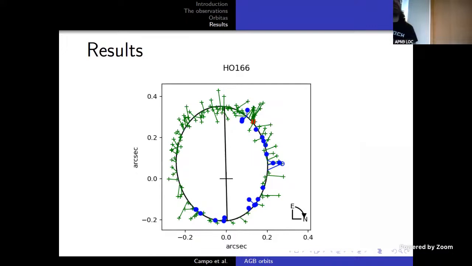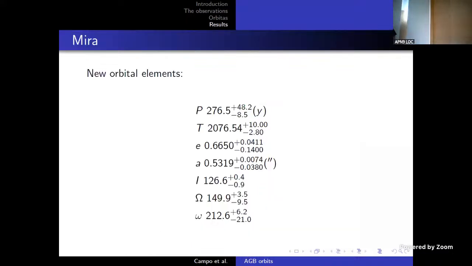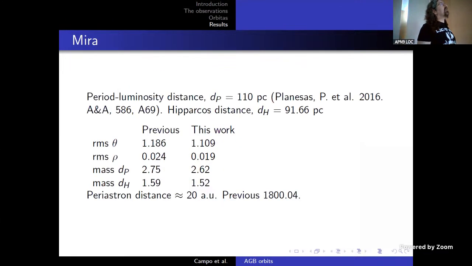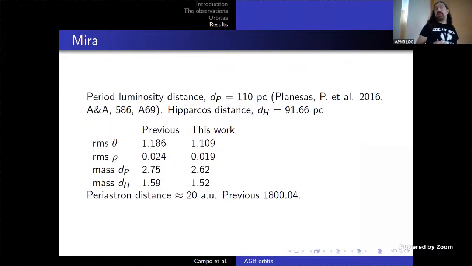And for the results that we get, for Mira, we have these new orbital elements. You can see that the period is reduced to almost half of what we had, 276 years. And with this new solution, we get better results in the RMS, both for the position angle and the separation.